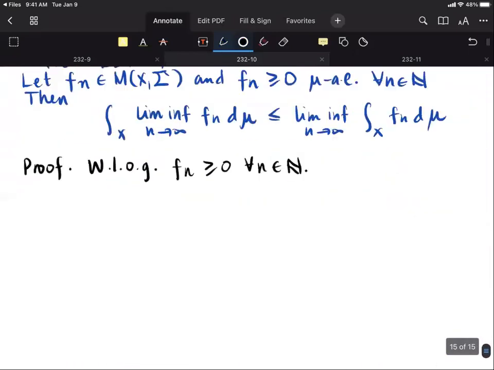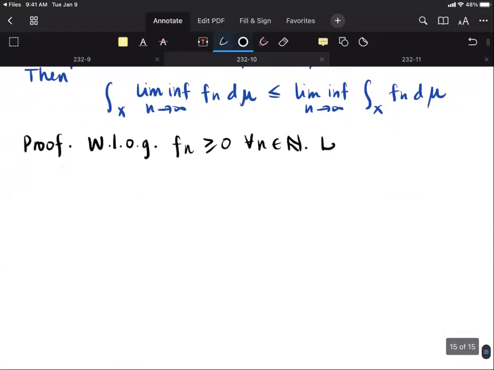And in this case, let us introduce a new sequence of functions, say g sub n, and define this to be the infimum of f sub k, where k is greater than or equal to n.